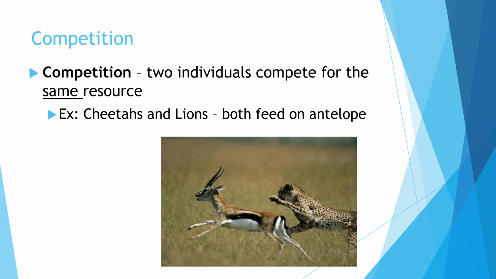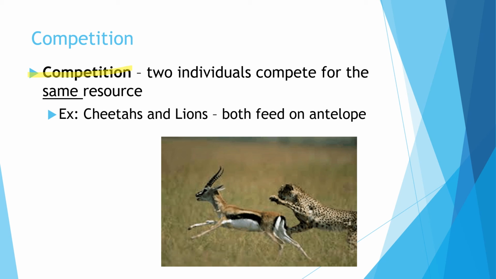Okay, this next species interaction is called competition. This is when two individuals compete for the same resource. For example, cheetahs and lions both feed on antelope. In the food chain or the food web, these guys have different roles, but they do feed on the same prey.